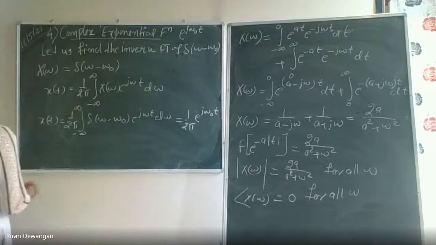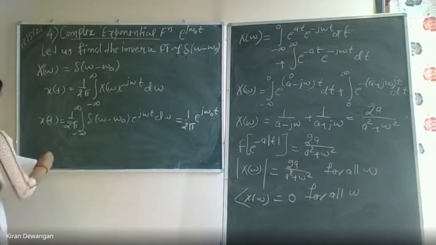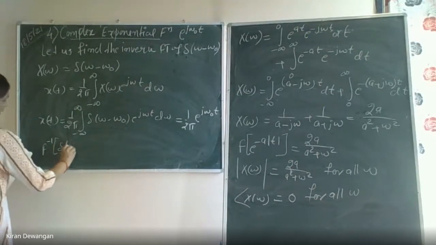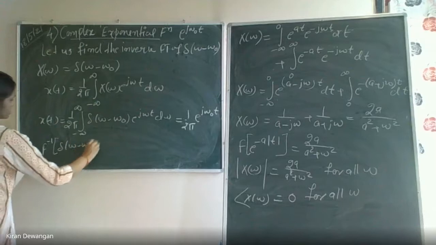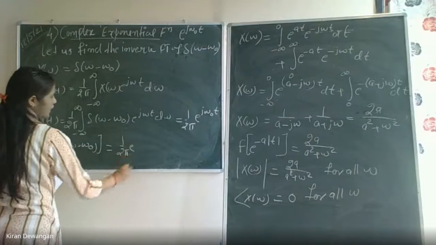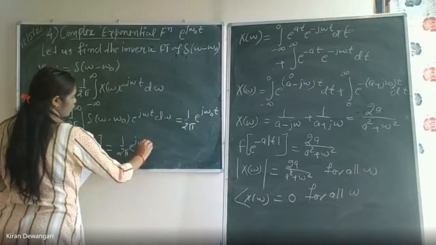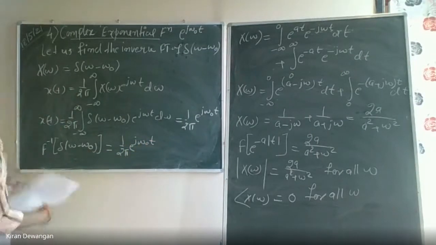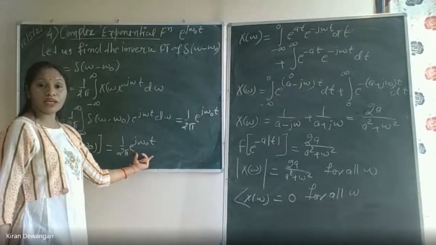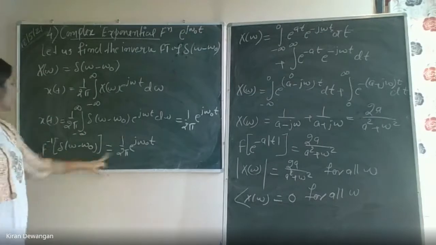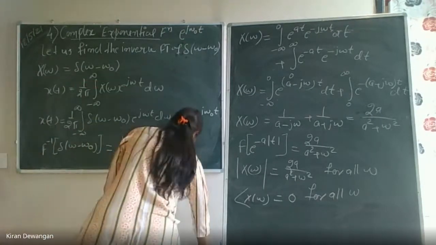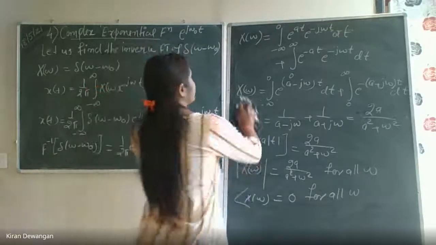Now from here, since we have got the inverse Fourier transform of del omega minus omega naught as 1 by 2 pi e to the power j omega naught t, then what would be the Fourier transform of e to the power j omega naught t? It will be 2 pi del omega minus omega naught. It is very direct.